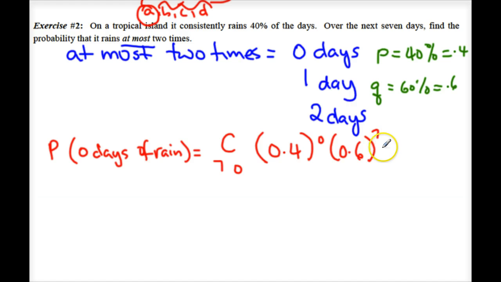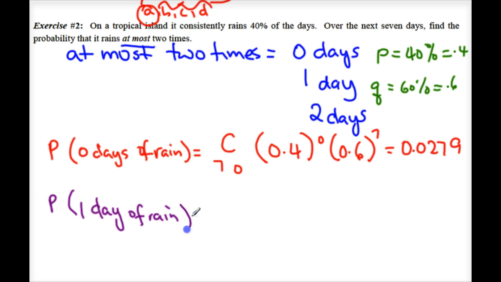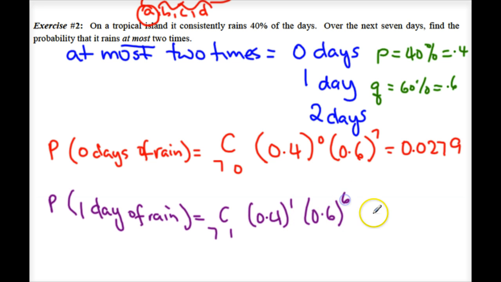I worked this out in the calculator. I will get 0.0279. Let's just leave it as that. So that's the probability of 0. The probability of 1 day of rain will be the same thing. 7 choose 1, 0.4 to the first power, and then 0.6 to the sixth power.